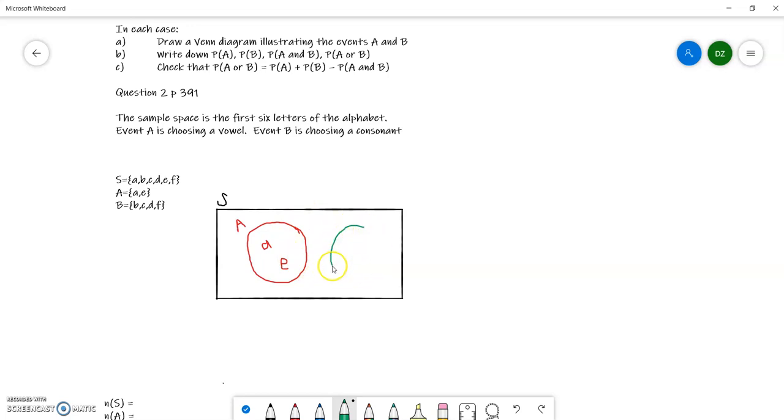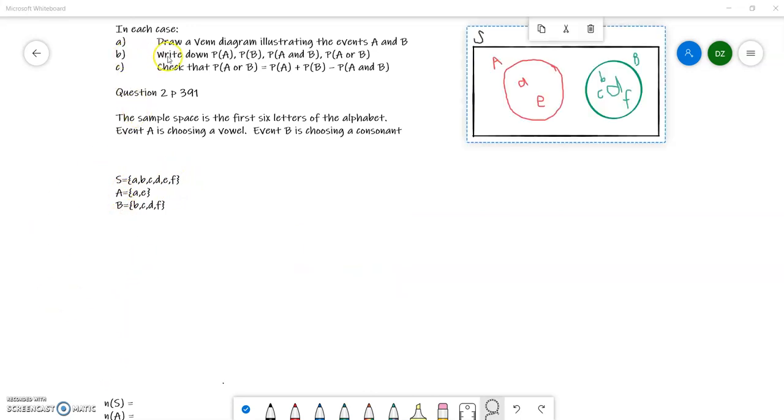So I'm just going to draw a second circle on the side here called B. And B has got the following elements: little b, c, d, and f. And there's my Venn diagram. I have represented the entire sample space and both events A and B.